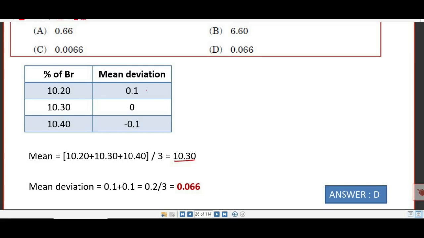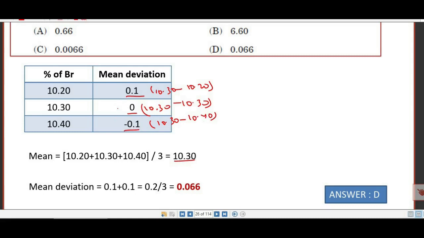And for the mean deviation, 10.30 minus 10.20 is 0.1, 10.30 minus 10.30 is 0, and 10.30 minus 10.40 is minus 0.1.